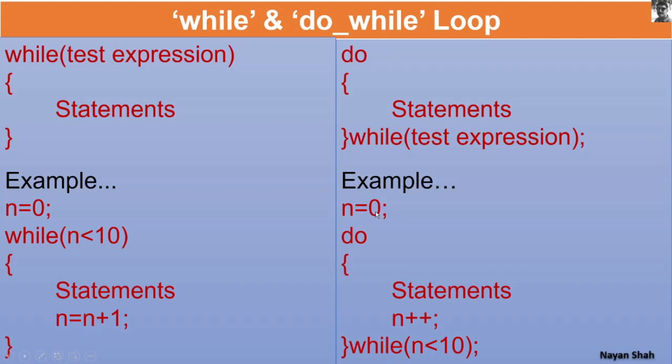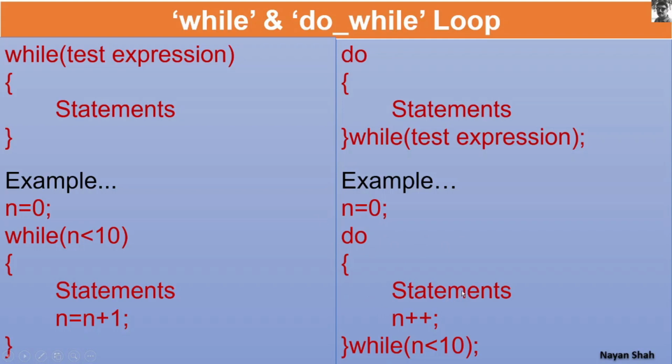So here n is equal to 0, it comes inside, executes all the statements, increases the value by 1, then checks this condition, again goes back and does the same. But if I make this n is equal to 11, or even n is equal to 1000, these statements will still get executed at least one time, because while entering the do while loop, no condition is checked, no test expression is checked.